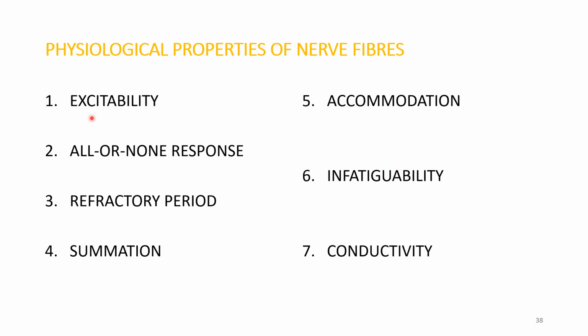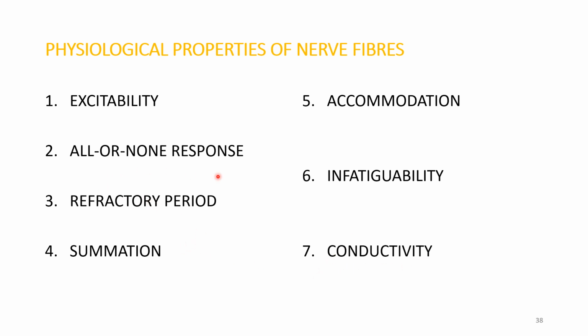First coming to excitability, when the nerve fibers are stimulated, what will happen? They will produce waves of depolarization. That is called excitability. Then coming to conductivity, the nerve fibers can conduct the electrical impulse along their entire length. That is conductivity.